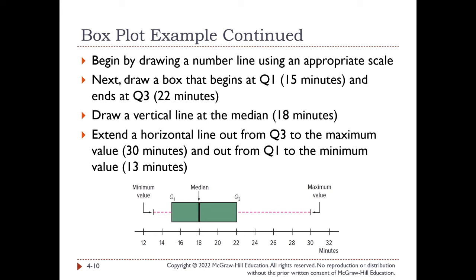Next, draw a box that begins at quartile 1, 15 minutes, which falls right between 14 and 16, and quartile 3. Next, we draw the median line at 18 minutes, and then extend the horizontal line and complete our box. From here, we have our dotted line to the maximum value, which was 30 minutes, and the minimum value.